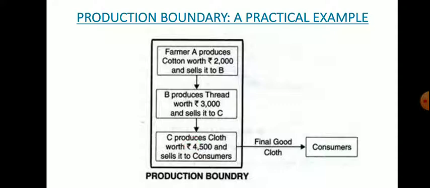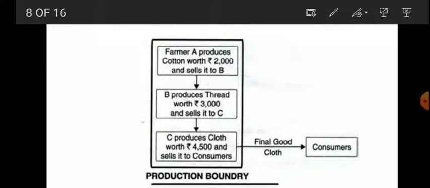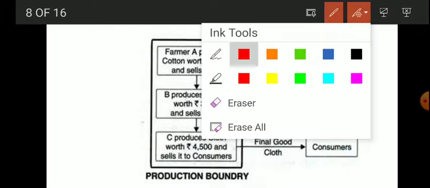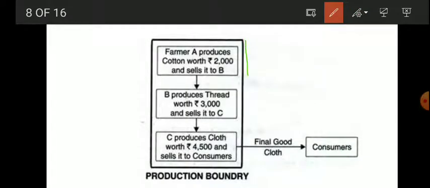Now, if you see the whole production boundary, this is the imaginary line. Let me annotate with another color. As you can see, this green line I have drawn here is the production boundary. Why? Let me tell you.